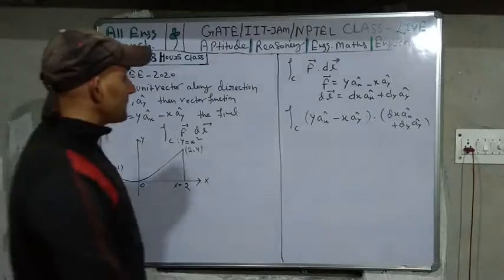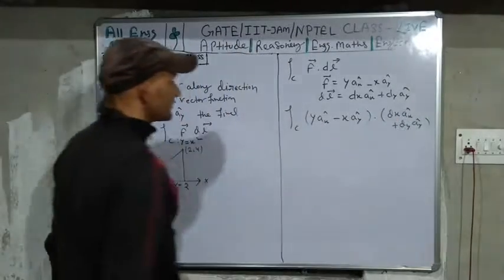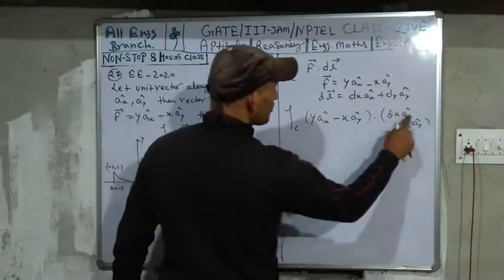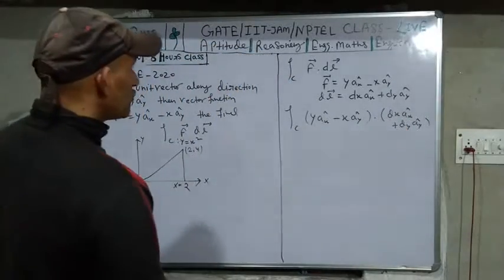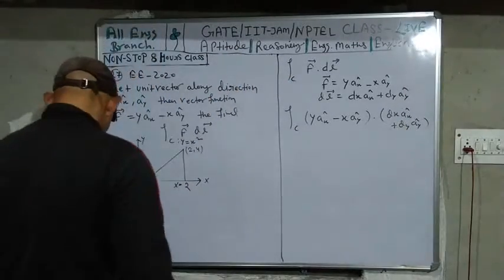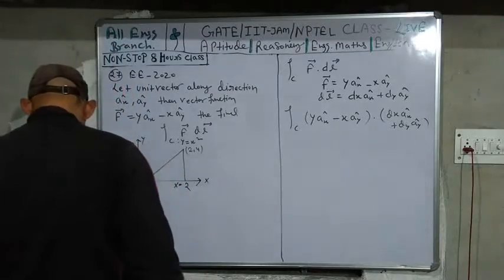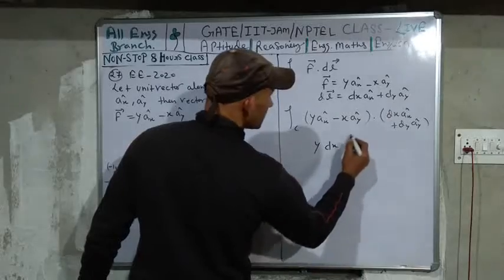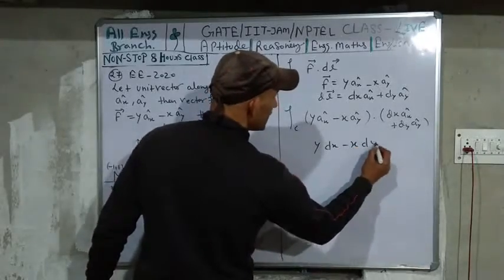So you have to multiply this and this. ax cap into ax cap is 1, so you will get y dx. In this condition, you will get y dx minus x dy.